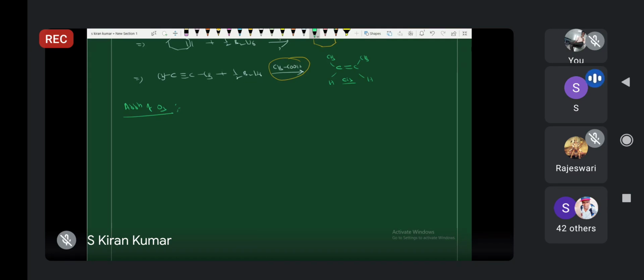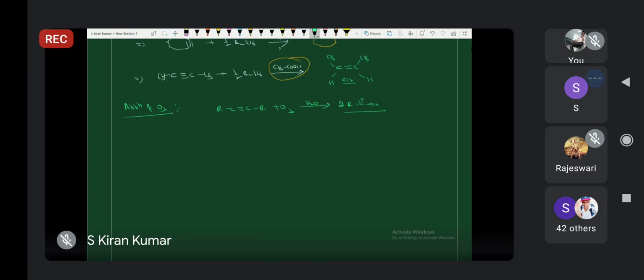So when alkynes react with ozone, what do they form? Ozonolysis followed by hydrolysis is common. What does it form? Two moles of COOH, acids. Alkenes on ozonolysis give carbonyl compounds, but alkynes on ozonolysis give carboxylic acids.